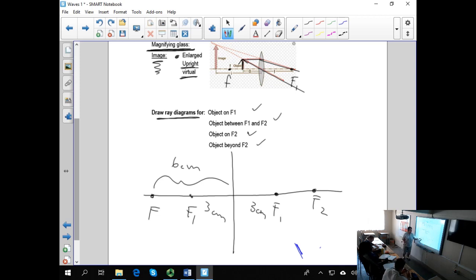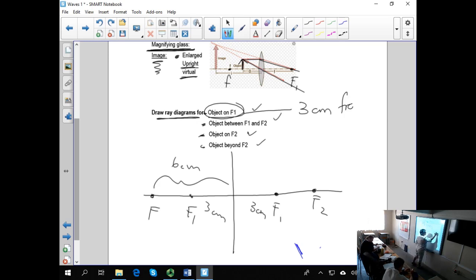This is the grid on which you are going to draw your diagrams. This picture is going to look the same for each case. The only difference is the object position: for this one, the object must lie on F1, in other words 3 centimeters from the lens.